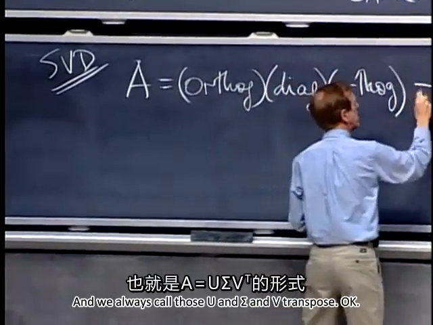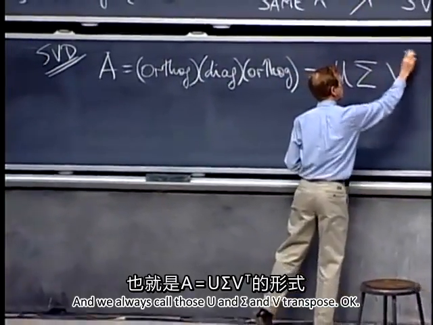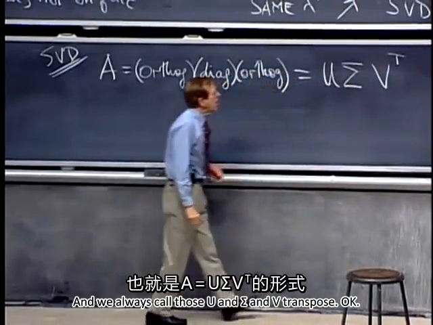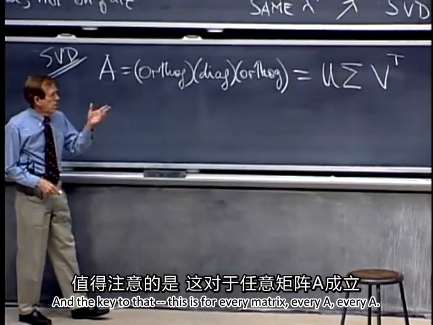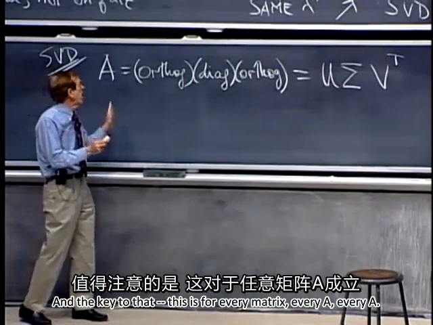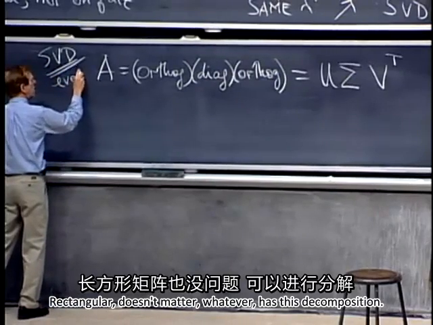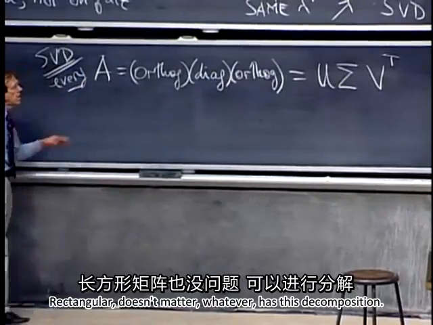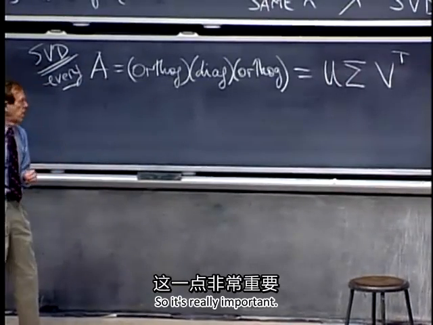And we always call those U, sigma, and V transpose. This is for every matrix, every A. Rectangular, doesn't matter, whatever, has this decomposition. So it's really important.